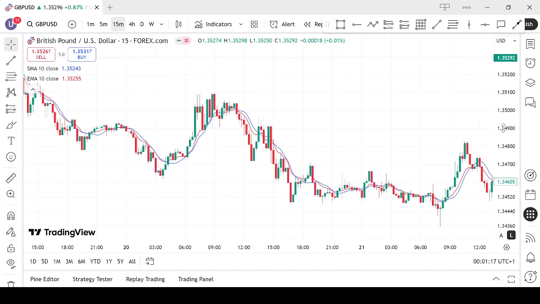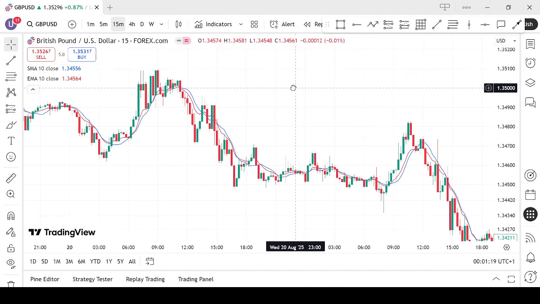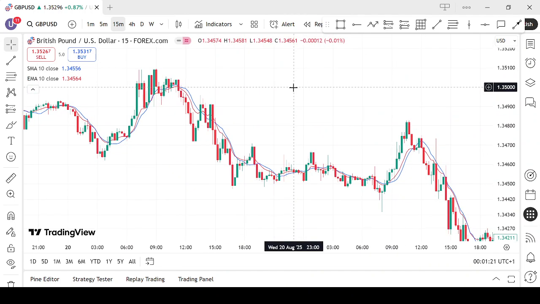Remember that we said the simple moving average is the addition of the closing price of the last 10 days and dividing it by 10. That's for a 10 period moving average.